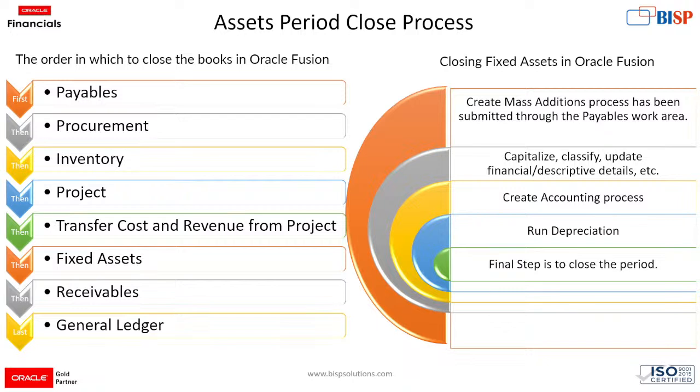Run the Create Accounting process. This will account for all the newly added assets and give the opportunity to see what is outstanding, so you and your team can resolve any issues. Run depreciation. Running depreciation is as simple as clicking a button.